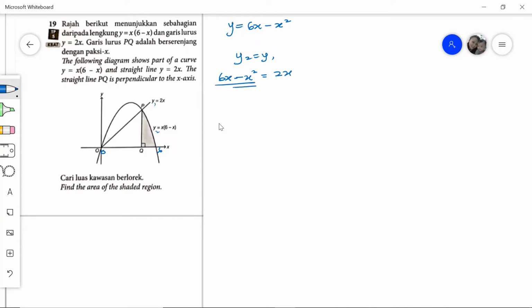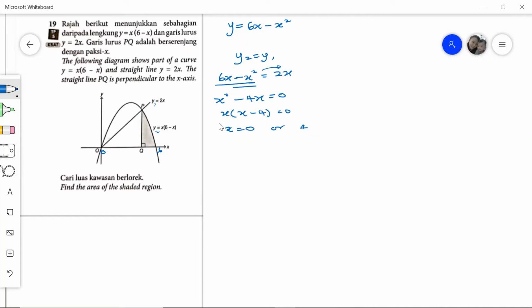Bring this to the other side, we will have x squared minus 6x plus 2x, so minus 4x. We factorize it, we will have x minus 4. Therefore, the point of intersection, the root will be x equals 0 or 4.